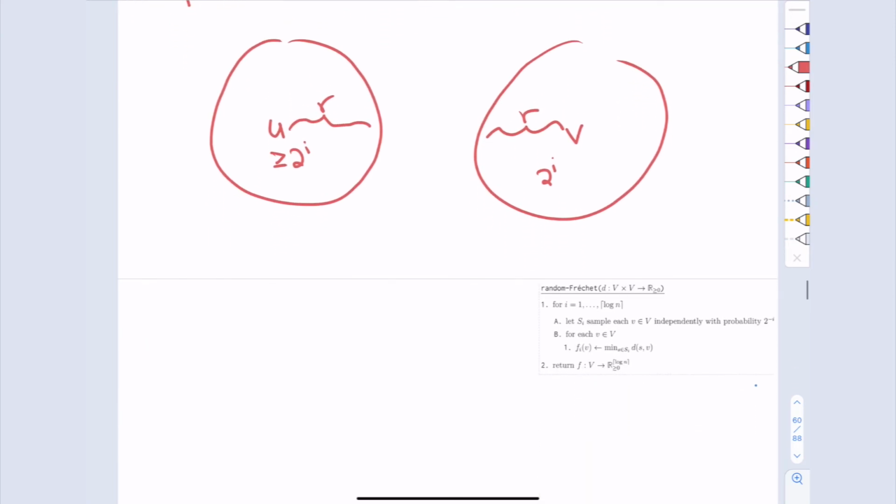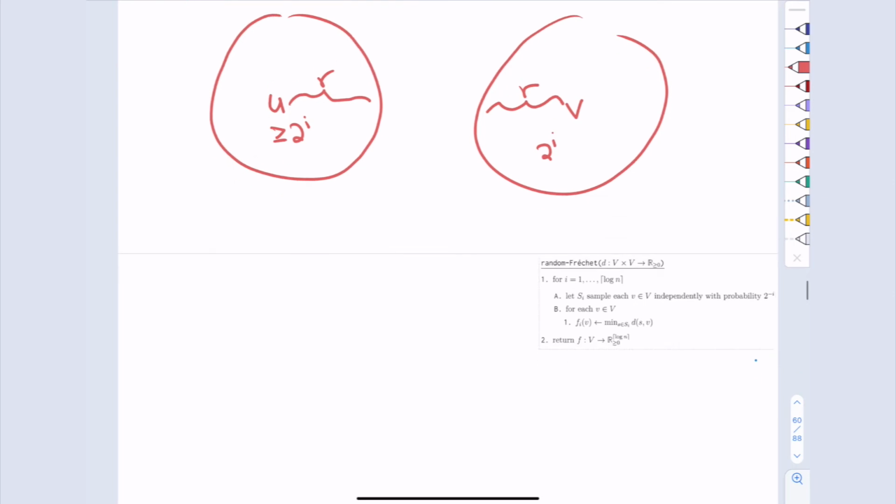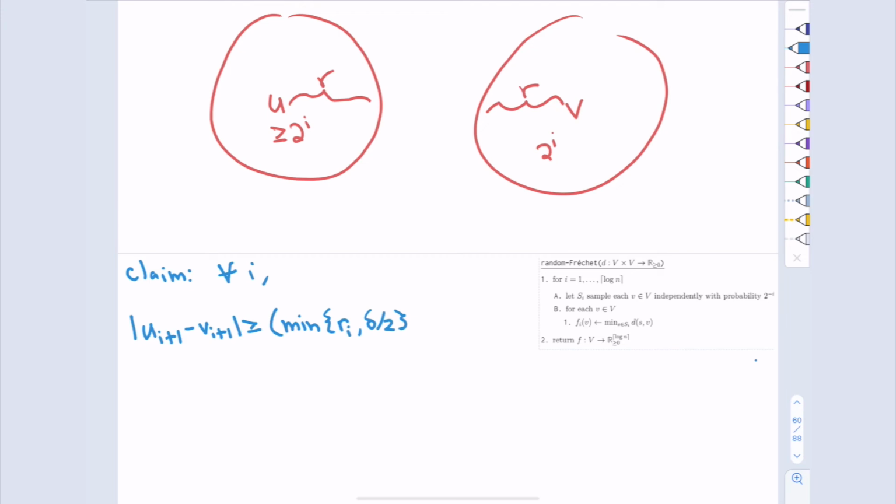All right, so here is the claim. The claim is that for each index i, u_{i+1} minus v_{i+1} is at least the minimum of r_i and delta over 2, minus the minimum of r_{i-1} and delta over 2.